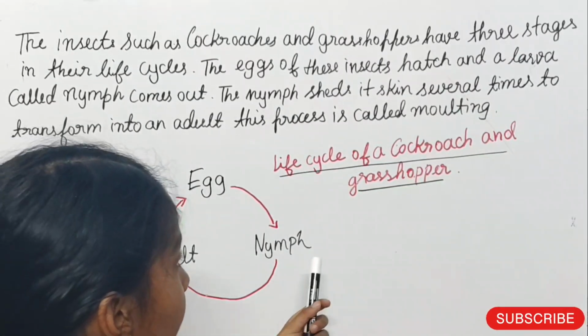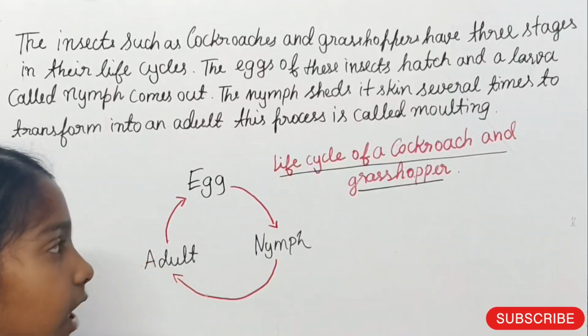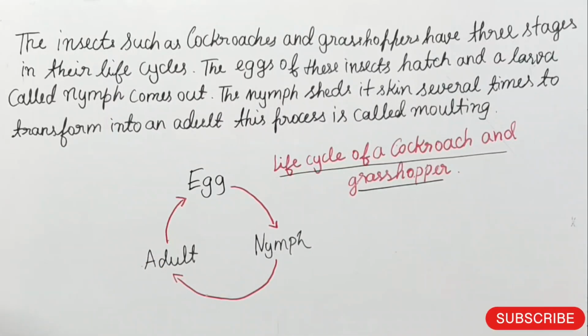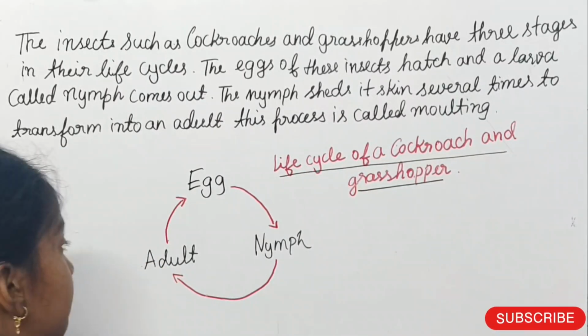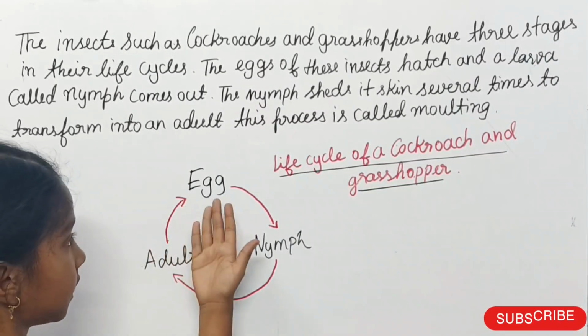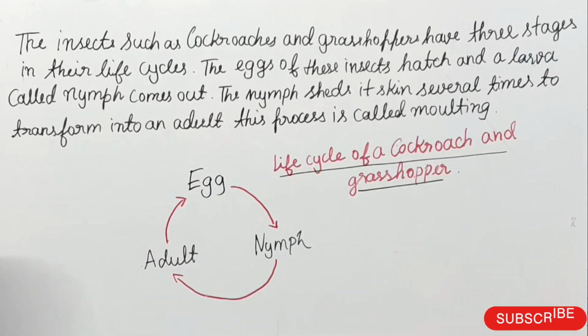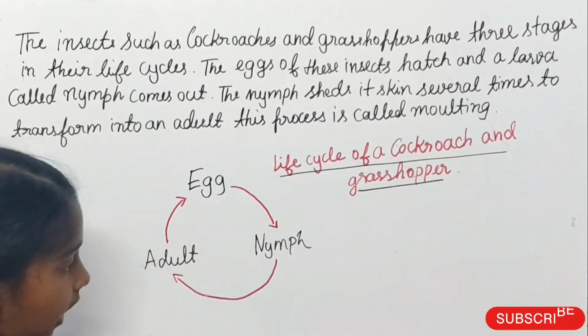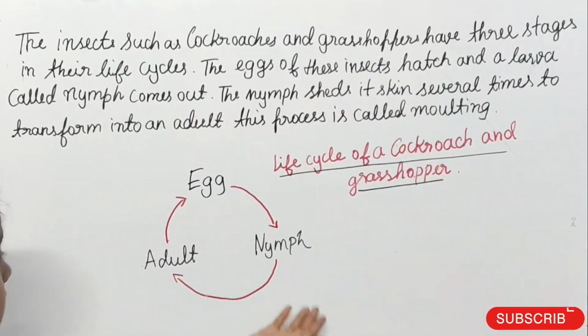So here the life cycle of a cockroach and grasshopper is actually the same. So now let's see here. First the adult grasshopper or cockroach lays its eggs. Okay, and from those eggs, the larva comes, which is called a nymph.